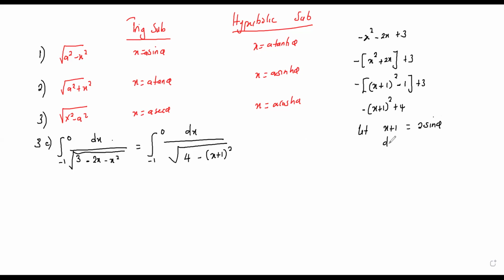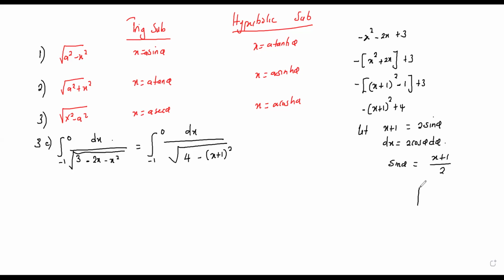Then quickly, we get dx, which is going to be 2 cos theta d theta, like that. And then maybe if I go to the triangle quickly, I'll have sine theta equal to x plus 1 over 2.